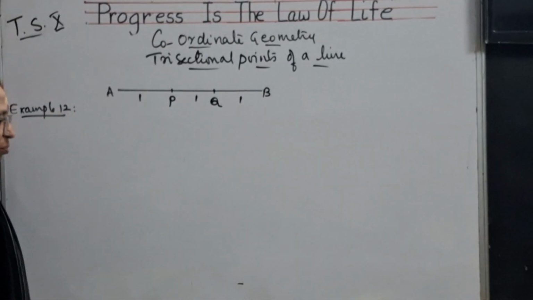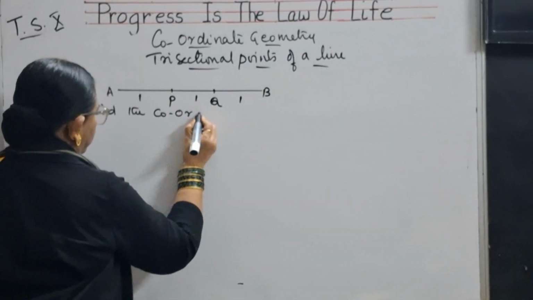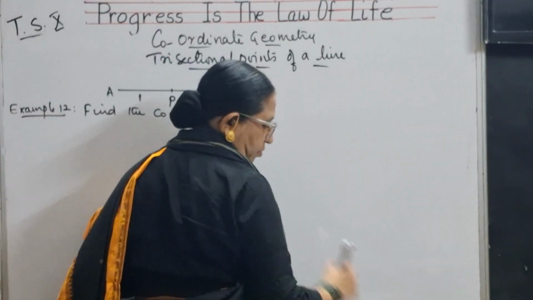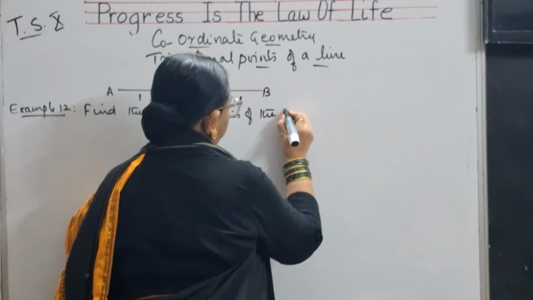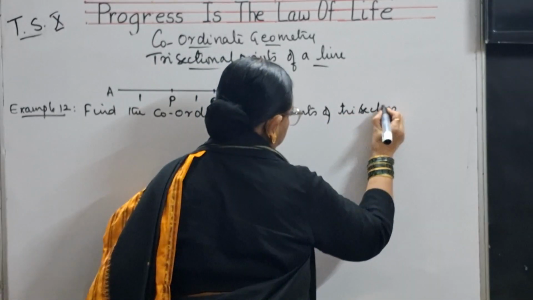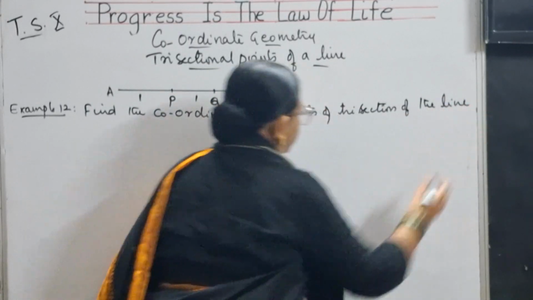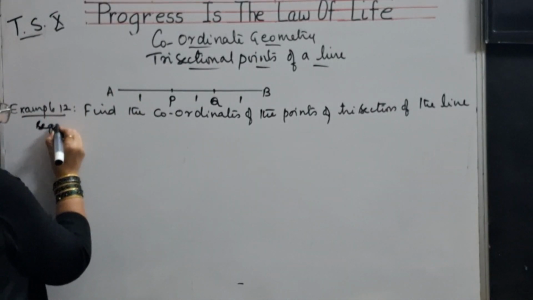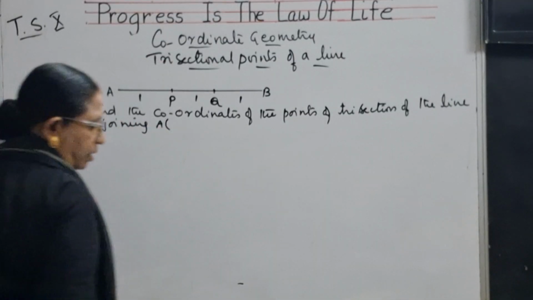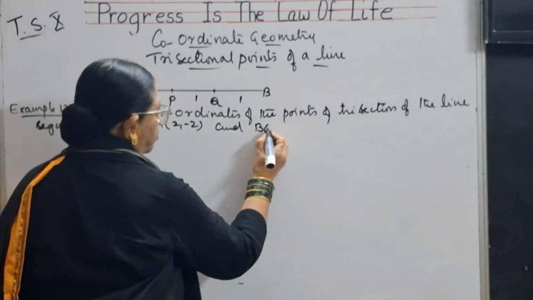Example 12. What does this example 12 say? Find the coordinates of the points of trisection of the line segment joining A (2, -2) and B (-7, 4).